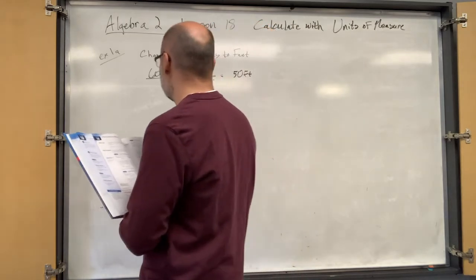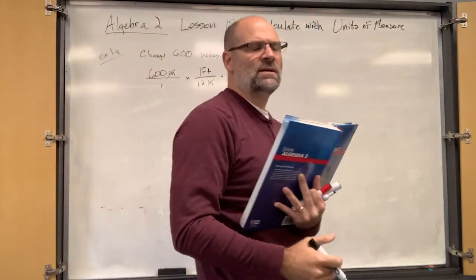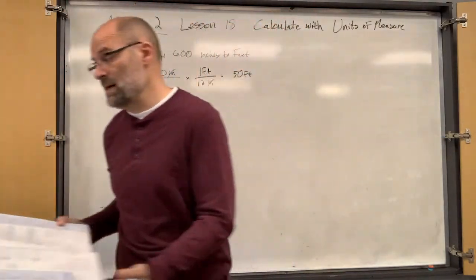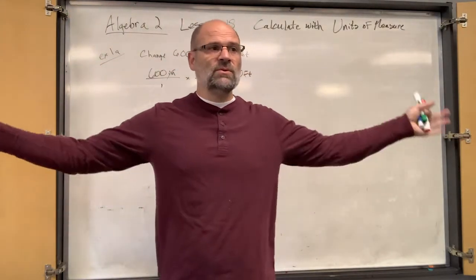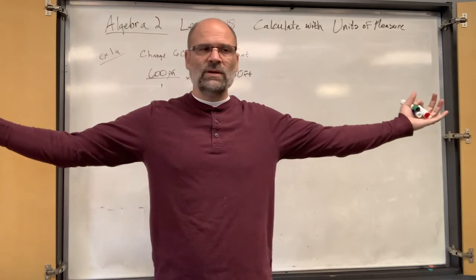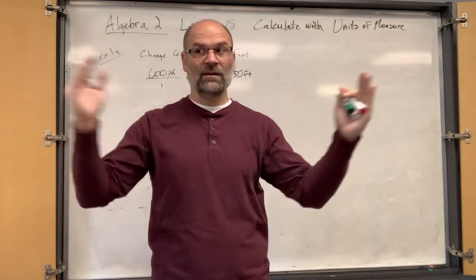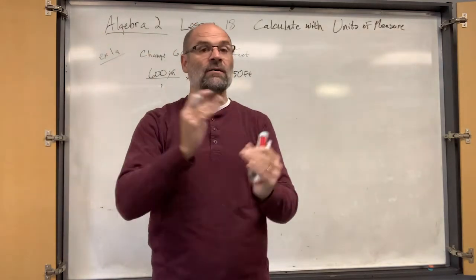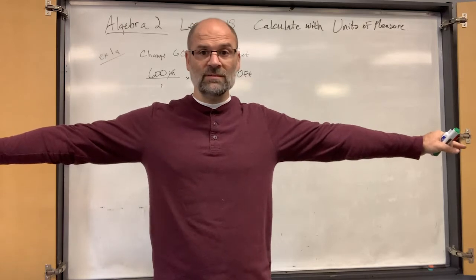The other way, you just decide the conversion factor. The conversion factor of inches and feet is 12, not 12 inches, but 12. Do you guys remember this rule? When you go from big unit to small unit, you multiply. If you go from small to big, you divide. See the division symbol?